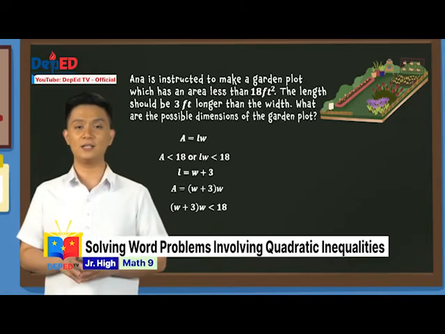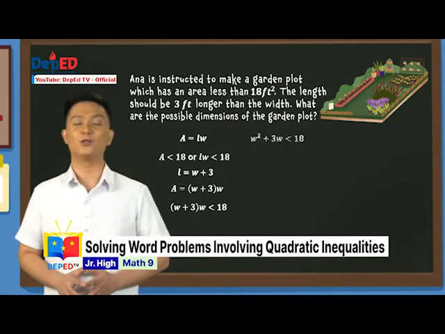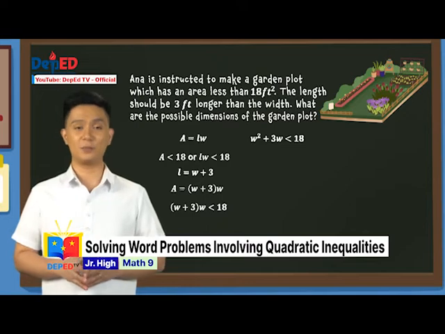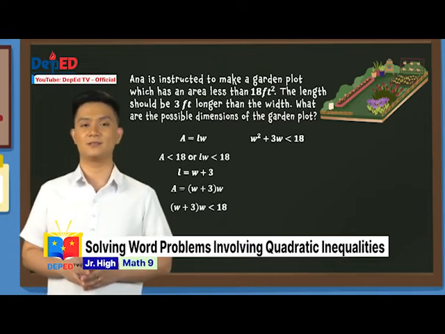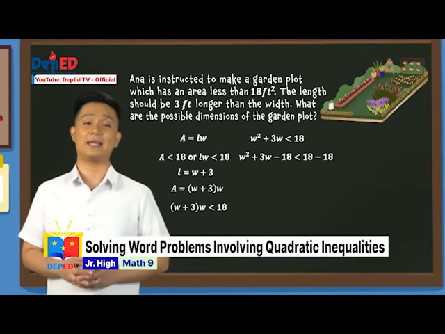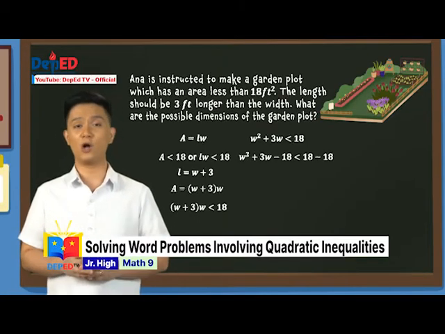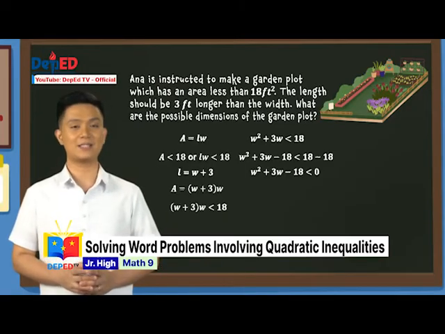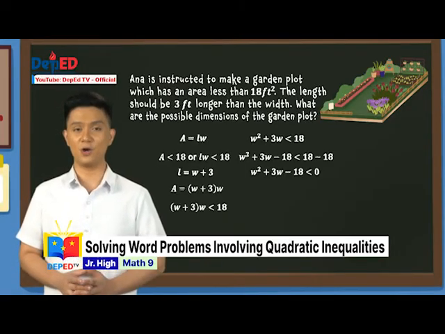The inequality must be written as W squared plus 3W is less than 18 after applying distributive property of multiplication on the left side. Then, we decrease both sides by 18. This will result to W squared plus 3W minus 18 is less than 0.